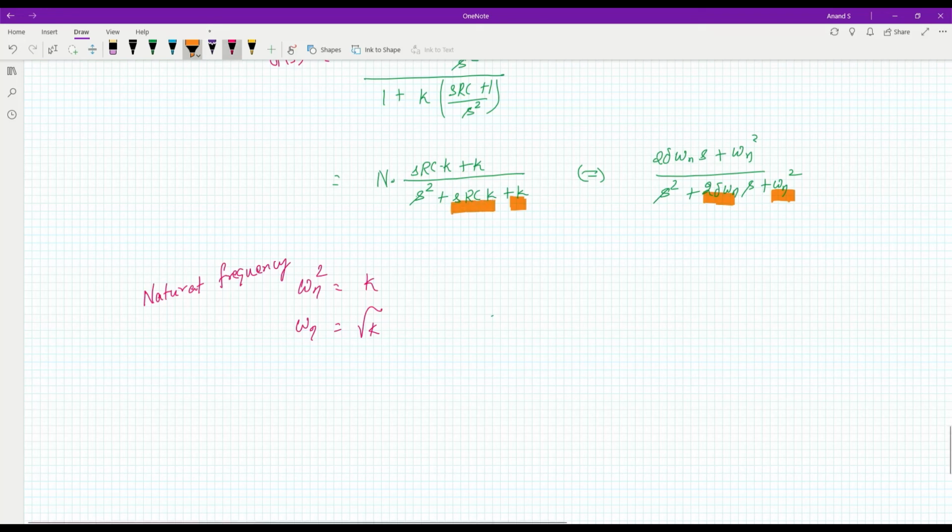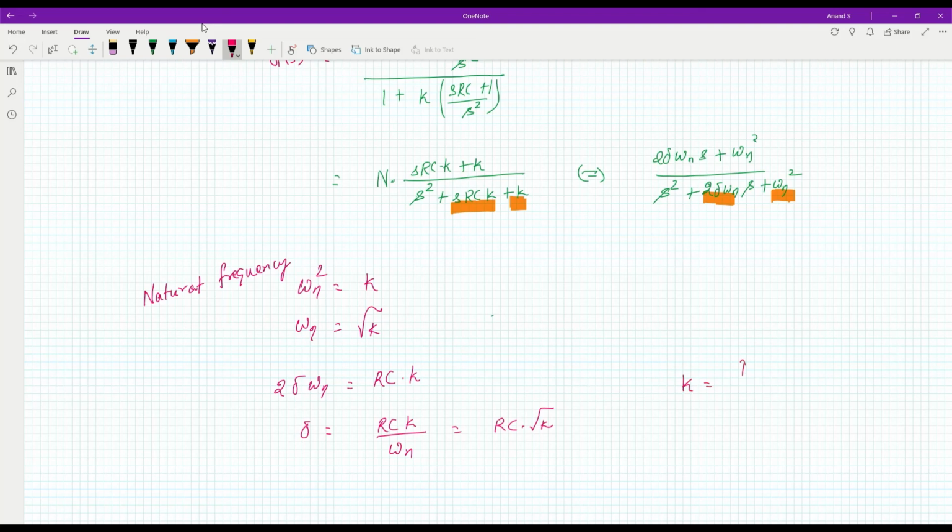So 2 times delta omega n is equal to R into C into K. So delta will be RCK divided by 2 omega n, and replacing omega n with the square root of K, we will be getting RC into square root of K over 2.